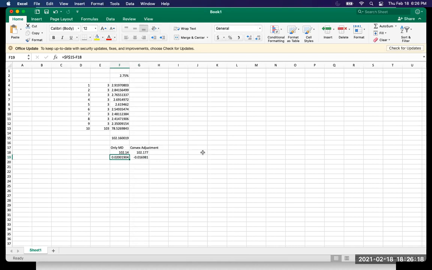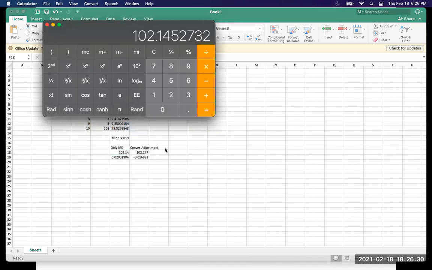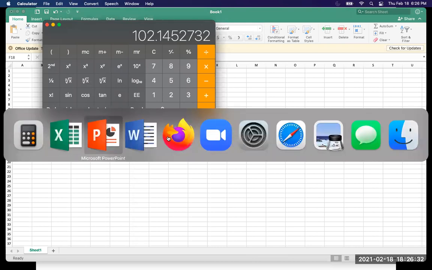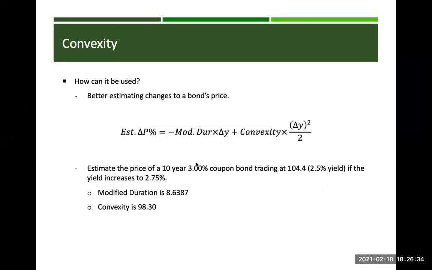As you estimate larger and larger yield changes, your convexity adjustment will get you much closer to the actual price.